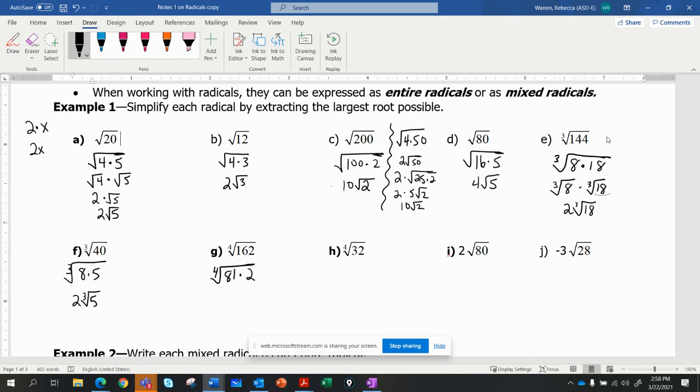So even if the first one had worked, this one gives us a smaller number left over. So the fourth root of 81 is, what was it again? 3. The fourth root of 81 is 3, and then I have a fourth root of 2 left over that I can't simplify anymore.